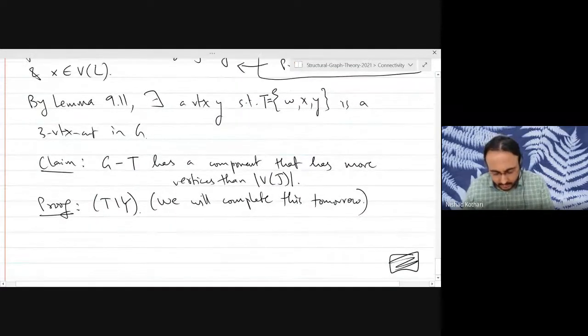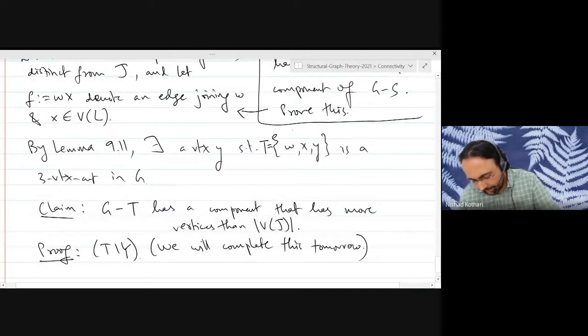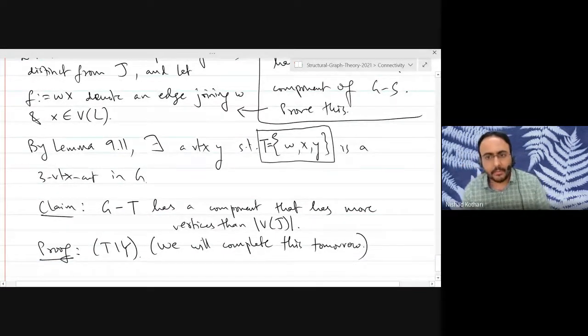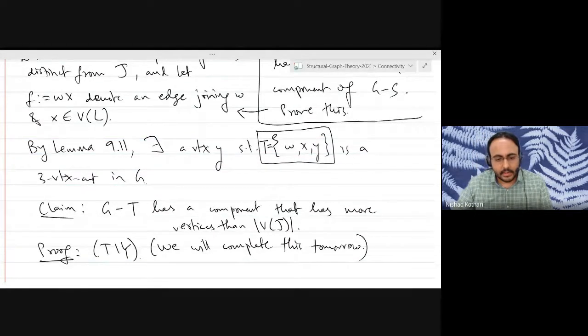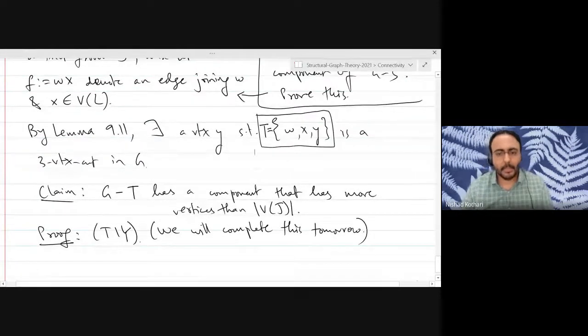So T is the set W, X, Y, the ends of F and some vertex Y. And the claim is that in the graph G minus T, there is a component that has more vertices than J. Are there any questions or concerns at this point?